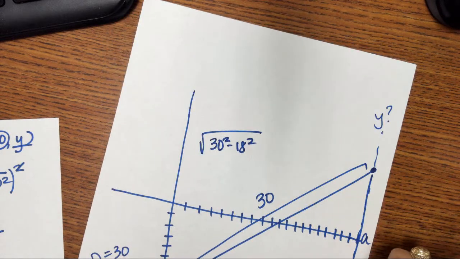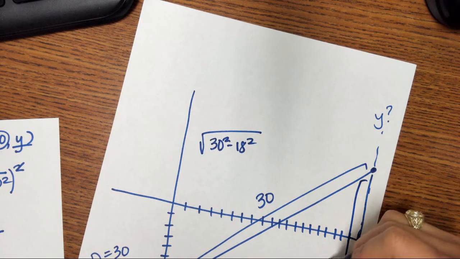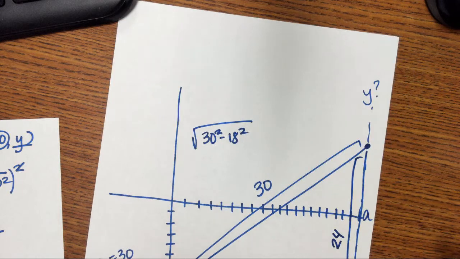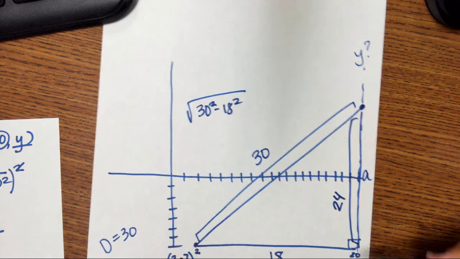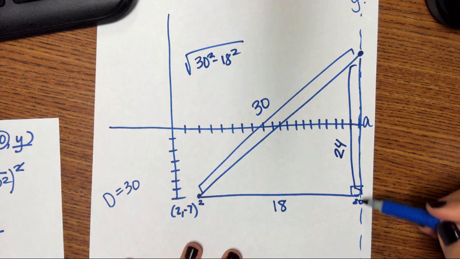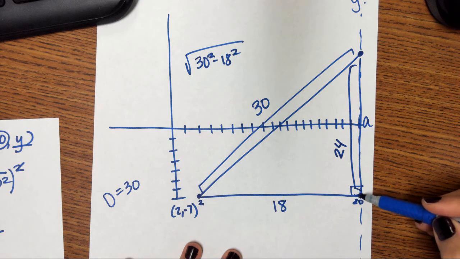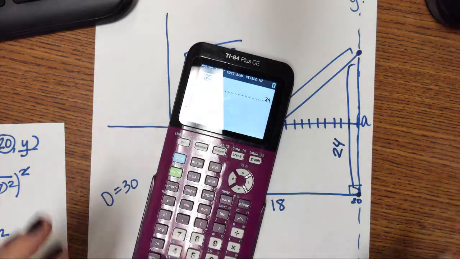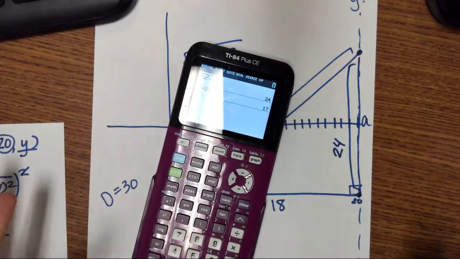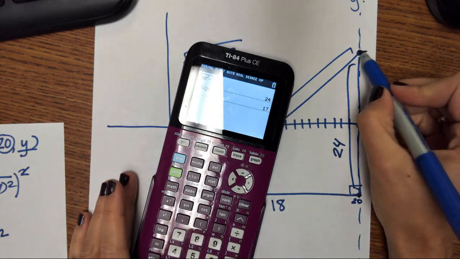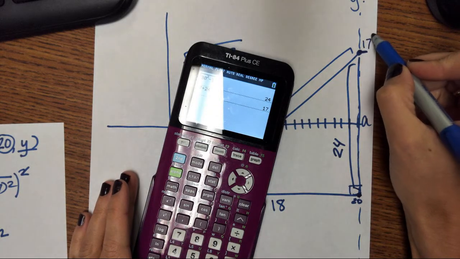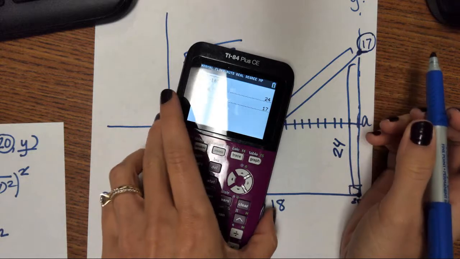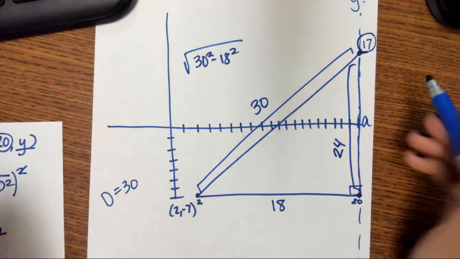So this is 24. Now remember, when we are right here, we're at -7. So if I'm at -7 and I travel 24, oh, that's one of my answers. I end at 17. 17 is one of the answers.